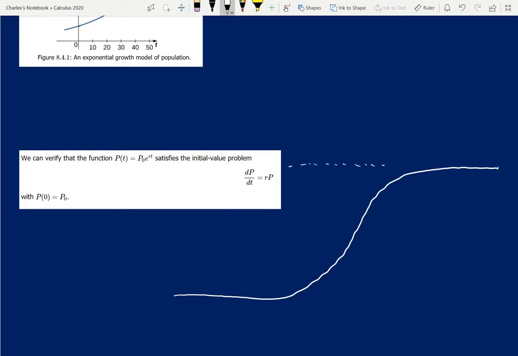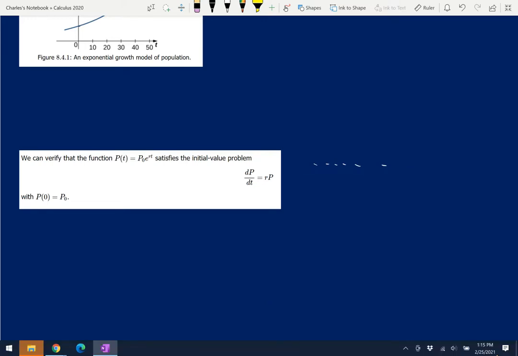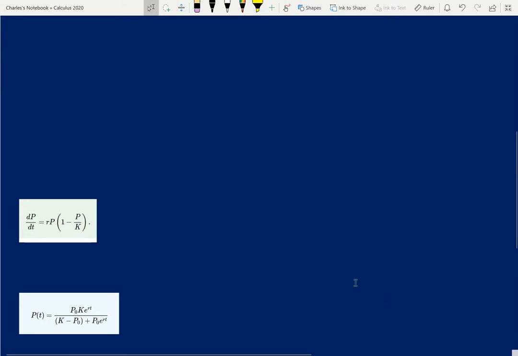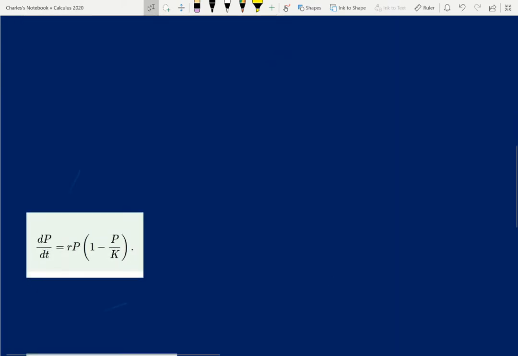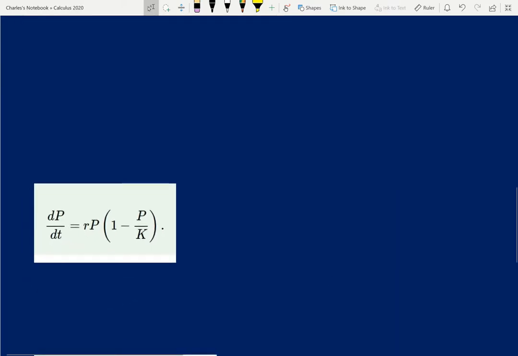And you think of it reaching some high water mark or some carrying capacity, that's called logistic growth. Okay, so the logistic growth, the differential equation, is going to look something like this. And you think of dp over dt is equal to r p times 1 minus p over k.